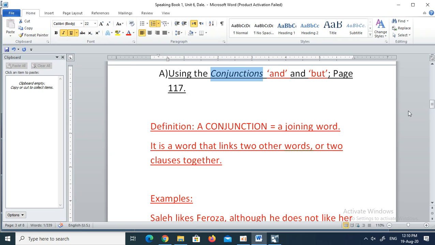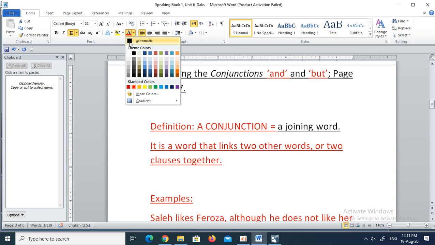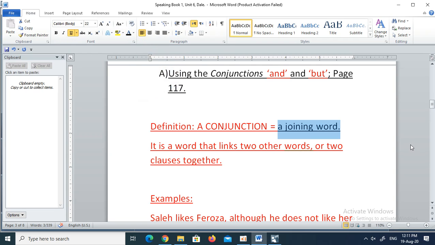Okay, everybody please say after me, conjunction. Conjunction. All right. A conjunction is a joining word. A conjunction is a word that will join two other words or two clauses together.